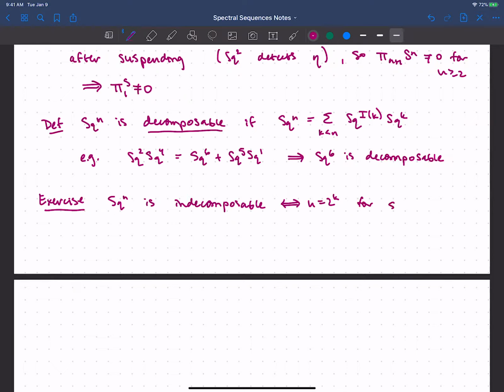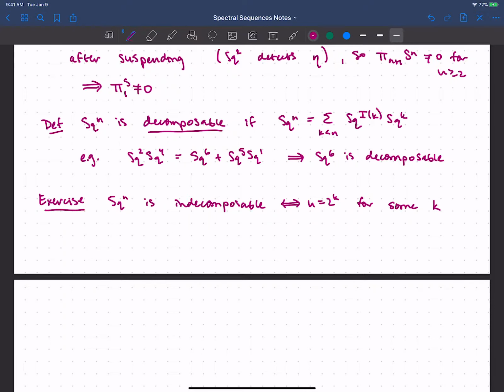So remember we said that our squares Sq 2 to the k gave us a set of generators for this Steenrod algebra. And so now I'm really saying they're indecomposable generators, and that's really why. So to do this exercise, you should use the cohomology of RP infinity as a module over this Steenrod algebra that we just looked at, and also the Adem relations.